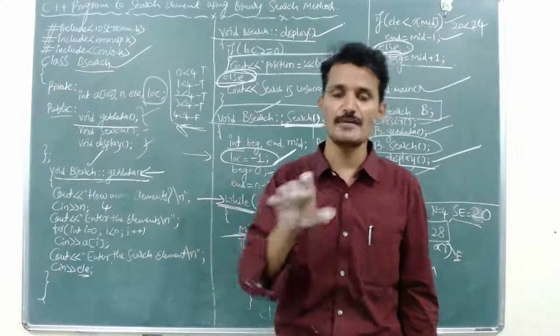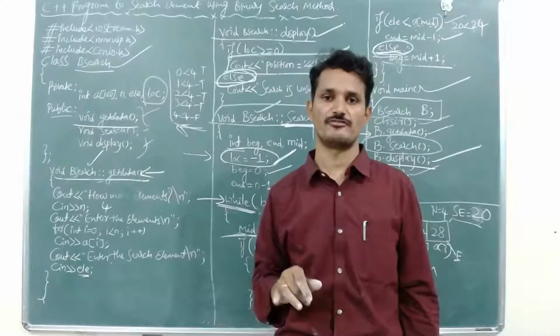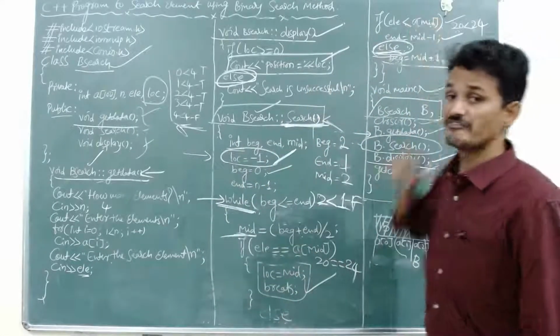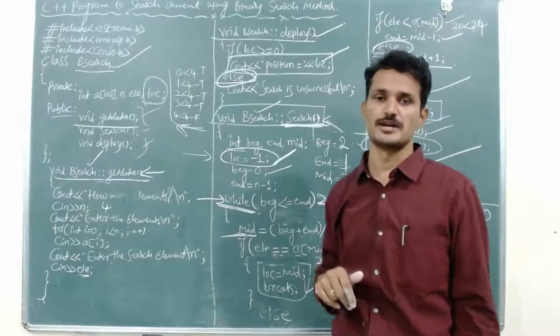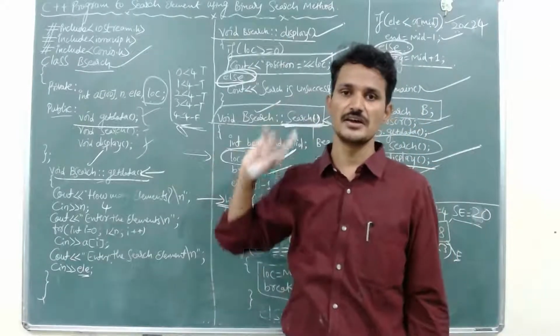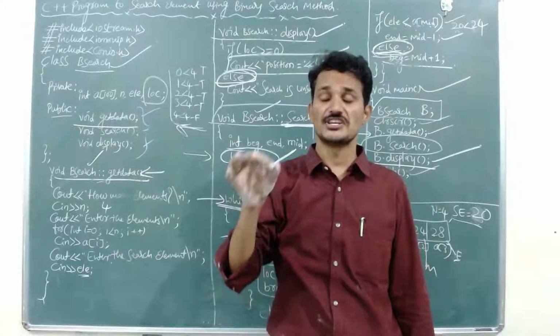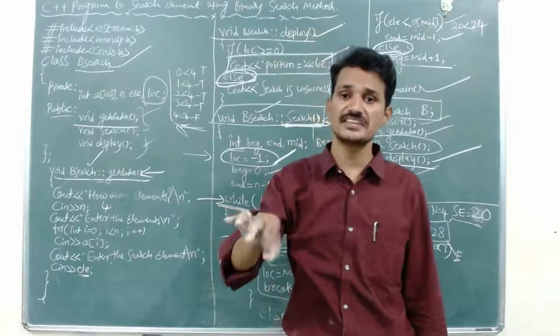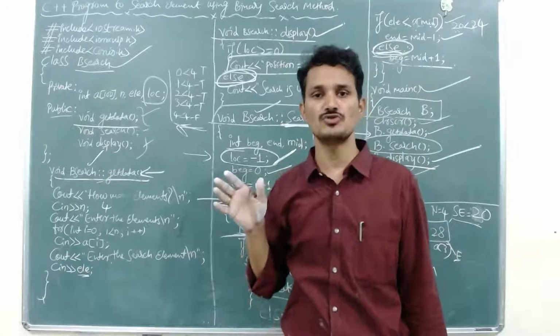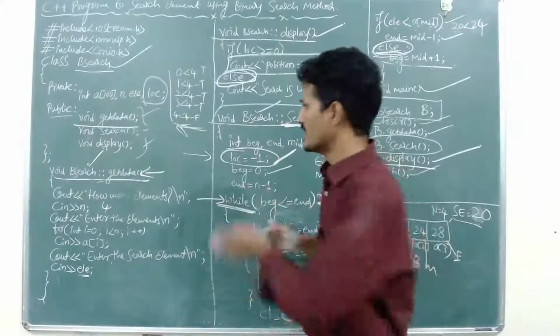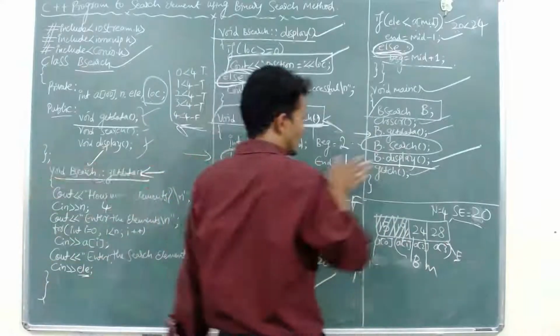Suppose the searching element is not the middle element itself. Then we encounter this condition: if element is less than A of mid. If the searching element is less than the middle element, we have to traverse towards the left half of the array. Here is the left half and here is the right half.